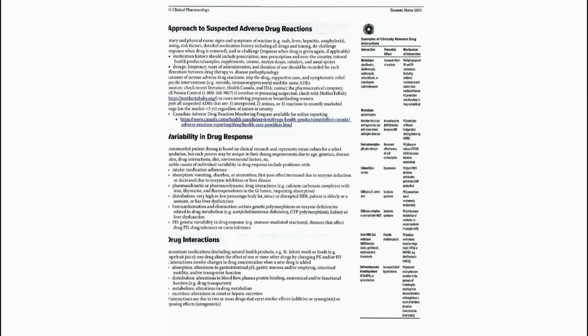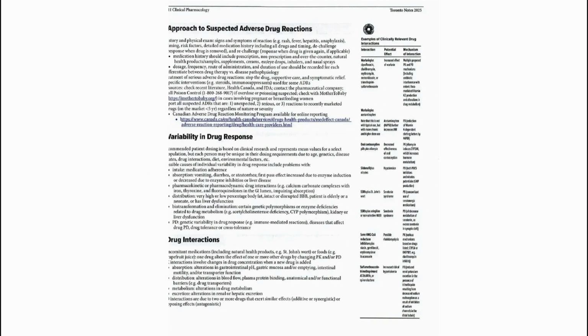Warfarin plus antibiotics. Antibiotics such as ciprofloxacin, erythromycin, metronidazole, and trimethoprim sulfamethoxazole increase warfarin anticoagulant effect, raising the risk of bleeding through multiple pharmacokinetic and pharmacodynamic mechanisms.